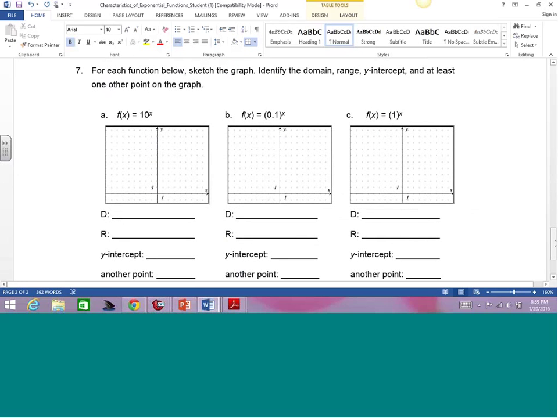So this could be your exit slip. It could be your next day activity. But what are these going to look like? Where is it going to intercept? You start off with 10 to the x, a basic one. Then you go 0.1 to the x. That's one of those screwballs that goes between 0 and 1. And then finally, what is 1 to the x going to look like? What part of this activity stuck? And that will help you get a good idea.